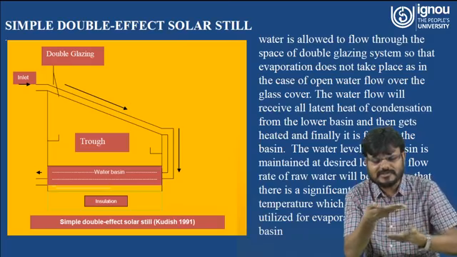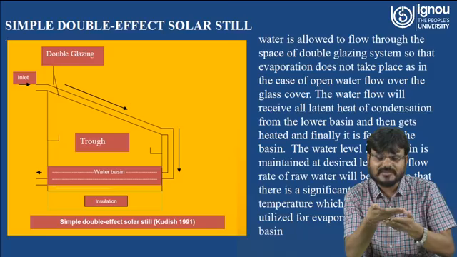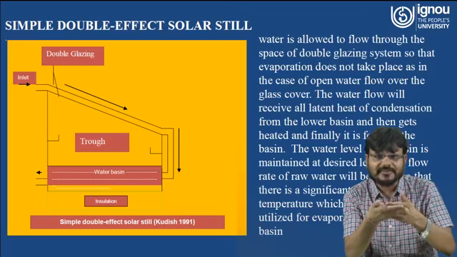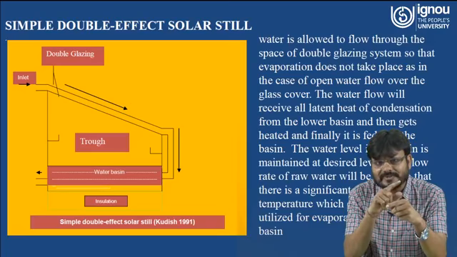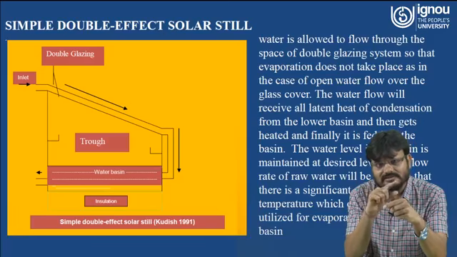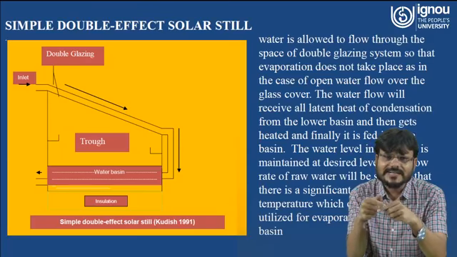As water comes to the base of the glass cover, it may happen that some water may be evaporated. Now what will happen here? The water will flow, receive all the latent heat of condensation from the lower basin, and then get heated, and finally it is fed into the basin. So whatever heat is inside the double glazing, in the form of hot water, this hot water can again be injected inside the chamber.